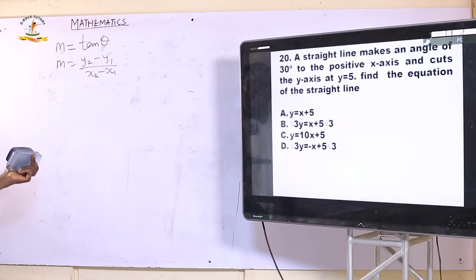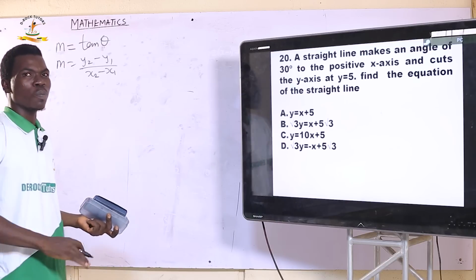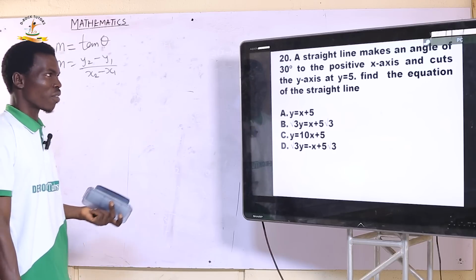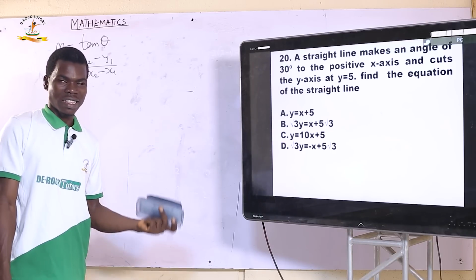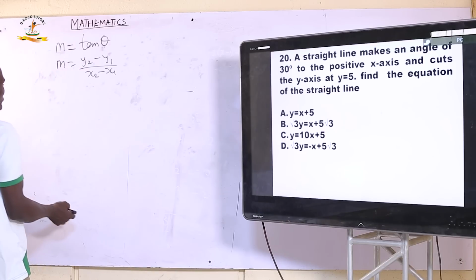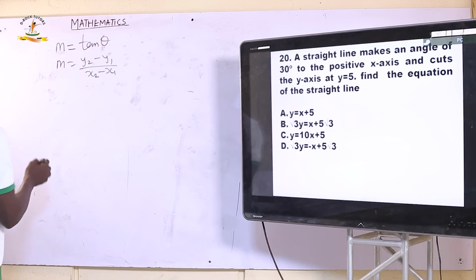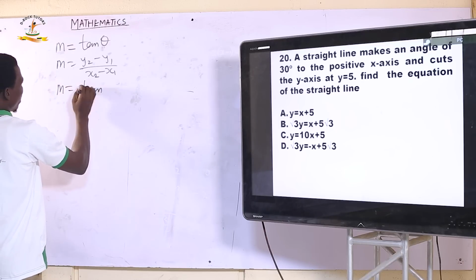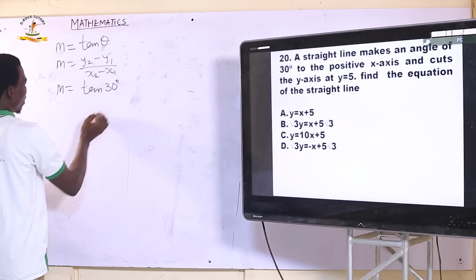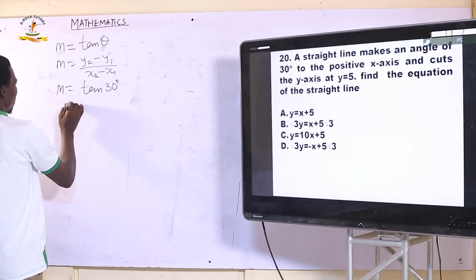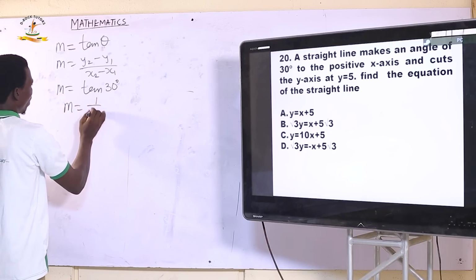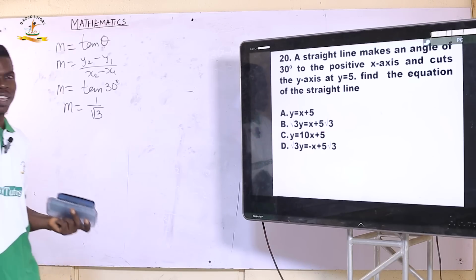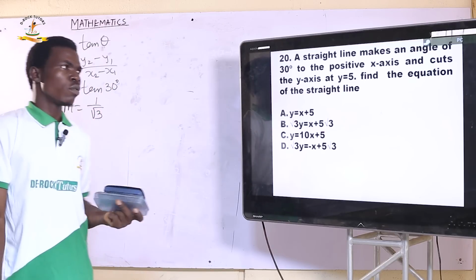But if you are given the angle the line makes with the positive x-axis, your slope is gotten by writing tan theta. Our theta is 30 degrees, and it means that m equals tan 30 degrees. And what is tan 30 degrees? Tan 30 degrees is 1 over root 3. So my slope is 1 over root 3.